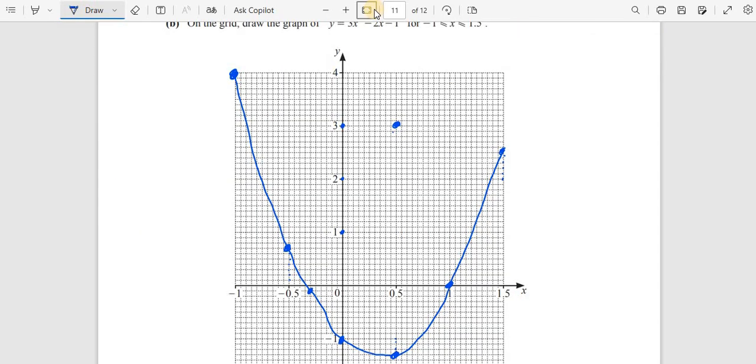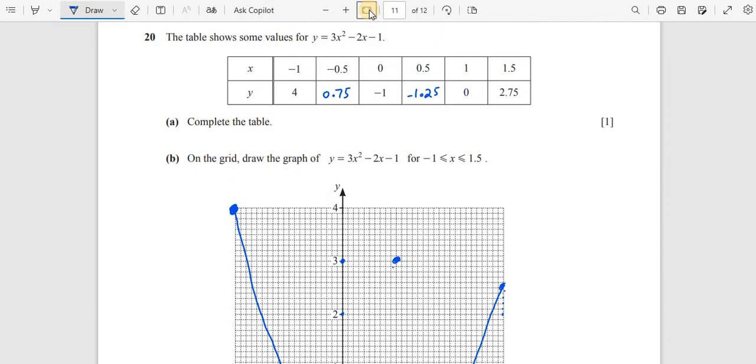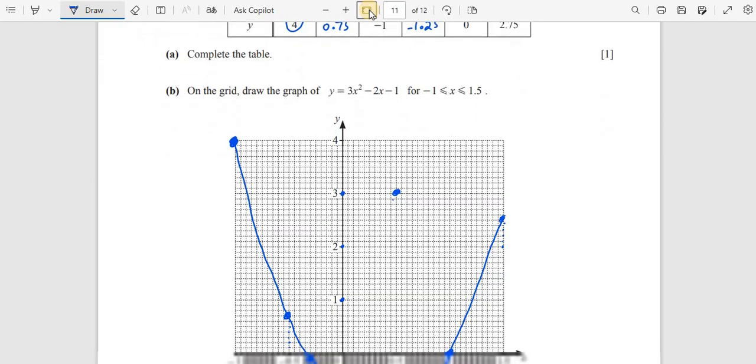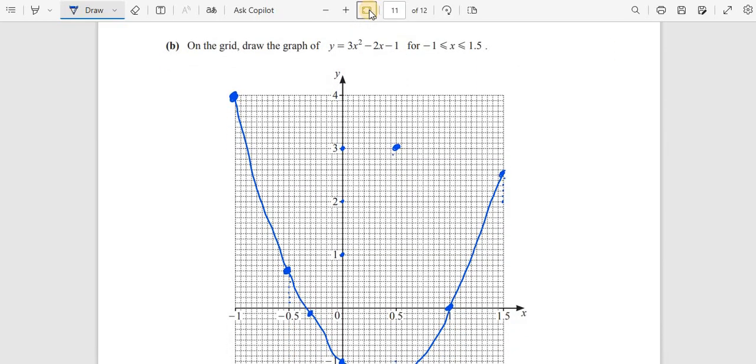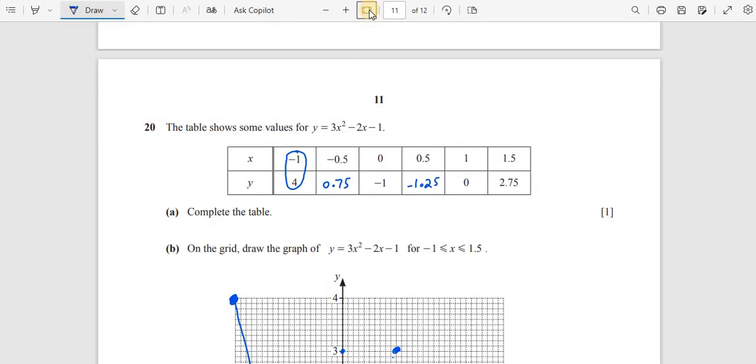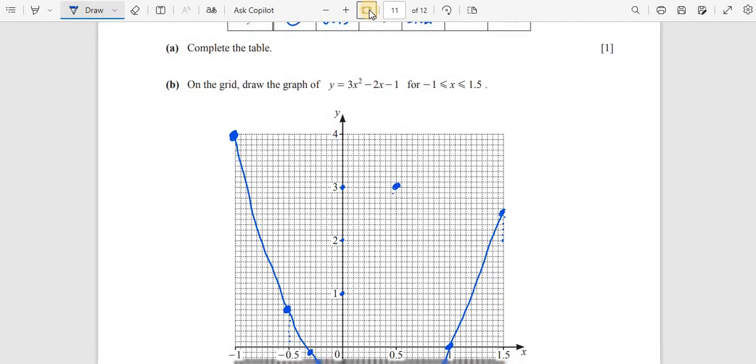This is the required grid graph. The first point is when x is equal to minus 1 and y is equal to 4. The second point is when x is equal to minus 0.5 and y is 0.75.